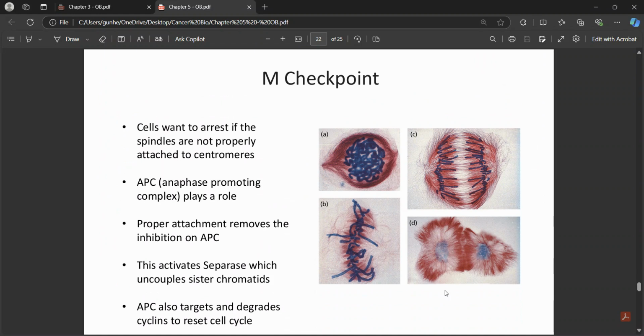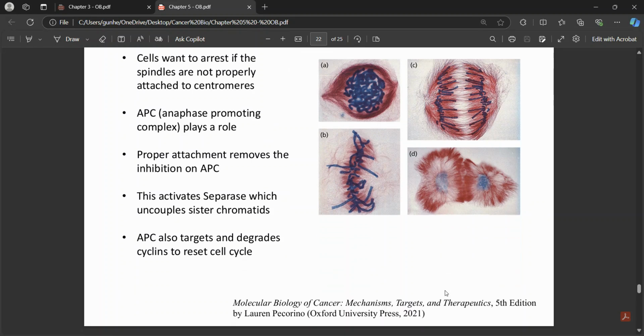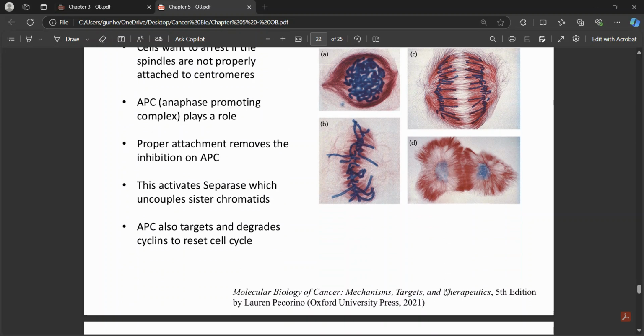And we have the M checkpoint, the mitosis checkpoint. It can stop if the proper attachment of the chromosomes is not there. And APC, which is the anaphase promoting complex, plays a huge role in cleaving chromosomes with separase or degrading cyclins to reset the cell cycle.